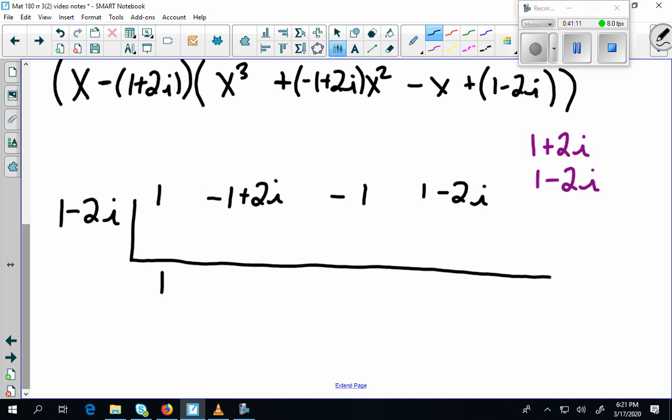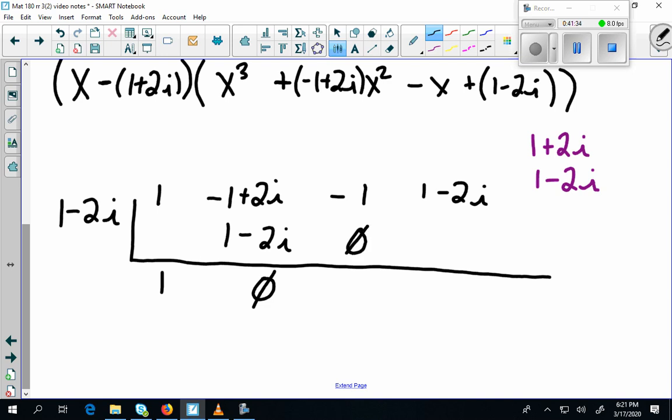Look what you get. 1 times that divisor, that 1 minus 2i, is just 1 minus 2i. When I add these two things, 1 plus negative 1 is 0. 2i plus negative 2i is 0. I get 0. All right. 0 times anything is 0.